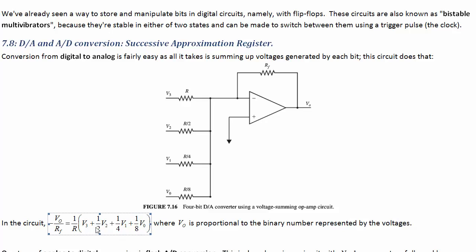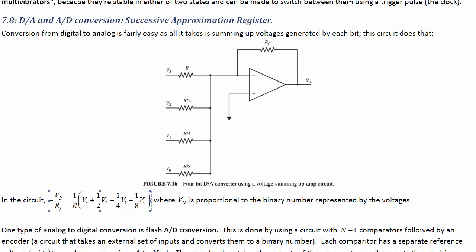So that means that we end up with a signal which is proportional to the input number, and then we can amplify that up by choosing what our F is. So it's an output signal that's proportional to the V0, V1, V2, V3 implemented as binary. So all the V0s through V3s are either maybe, let's say, 0 or 5 volts for logical 0 or 1, and then the output will be proportional to the binary number of those voltages.